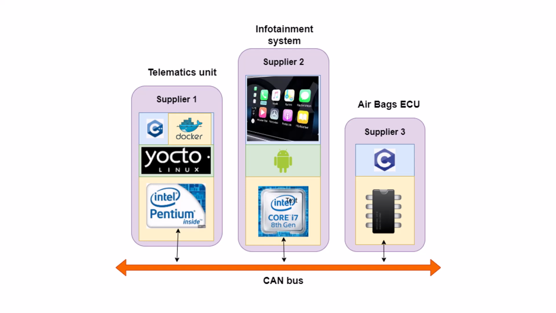That is the limit of that telematics unit. The second one, the infotainment system, has a high-end, maybe quad core processor, and a full-fledged OS like Android OS, or automotive grade Linux OS, or it could be anything.